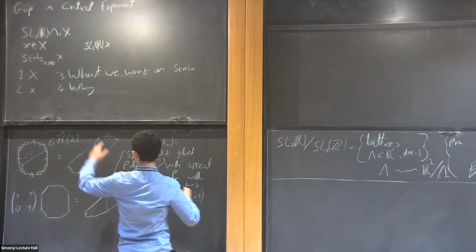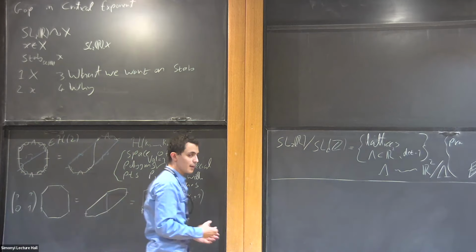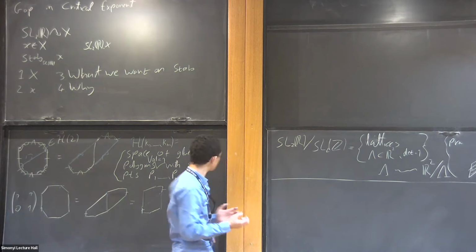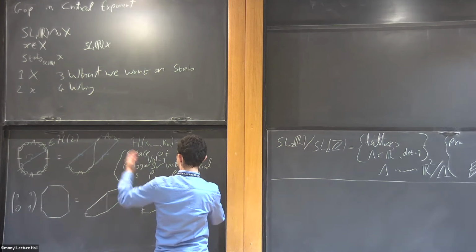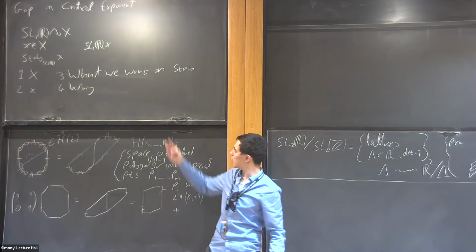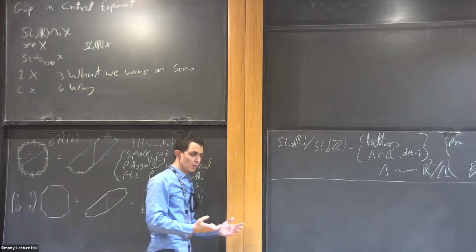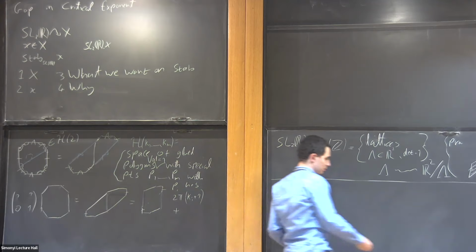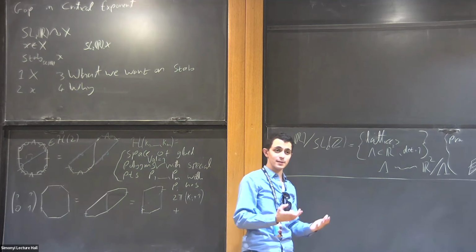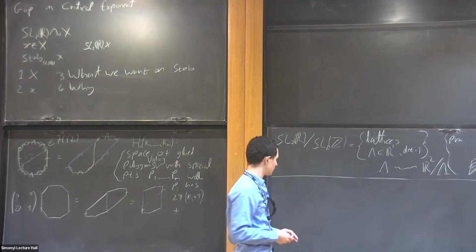So before I tell you what orbits I care about on these surfaces, I'll try to motivate the dynamical action on X. What happens in these dynamics? So one thing that is common in dynamics is to study invariant measures and ergodic measures.